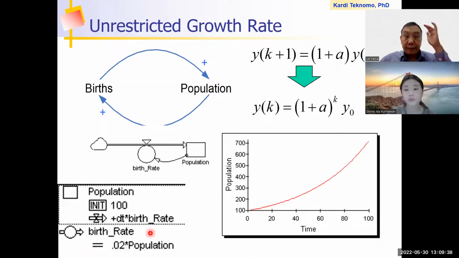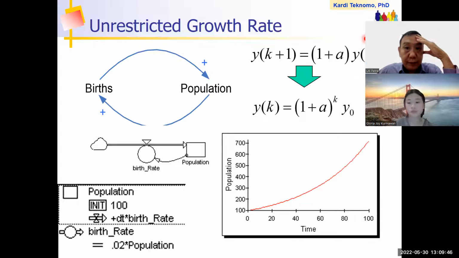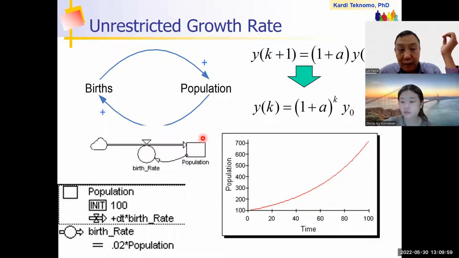Okay, so let's start with a simple growth rate. If you have a simple growth rate like this, you see this is the number of birds, and this is the population, right? And if you use system dynamics, this is the CLD, the causal loop diagram. This is the SFD, the stock flow diagram.